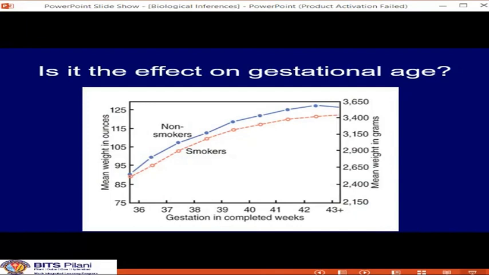You can see, for example, at week 37, the smokers in red had babies with a lower birth weight, whereas the non-smokers had a much higher birth weight at the same gestational age. And if you follow the graph over time, you'll see that for every gestational age, the smokers tend to have lower birth weight babies as compared to non-smoking mothers.